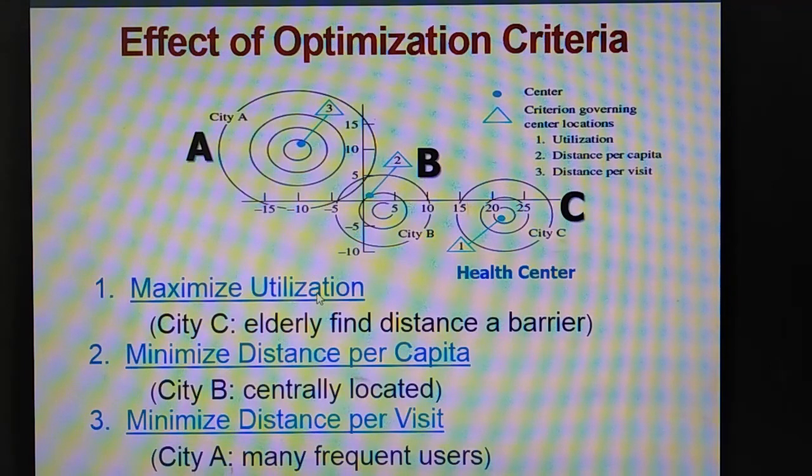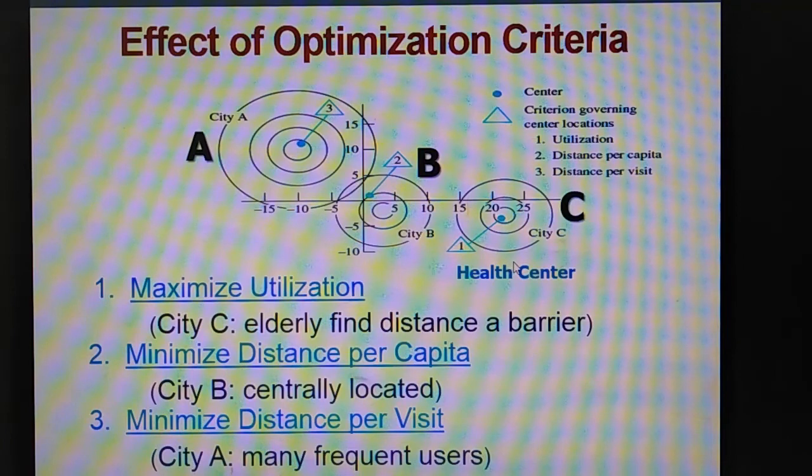Based on the study, it has been derived that many people use the health center at city C due to the constraint on traveling, because most of the residents at city C are elderly or old people.